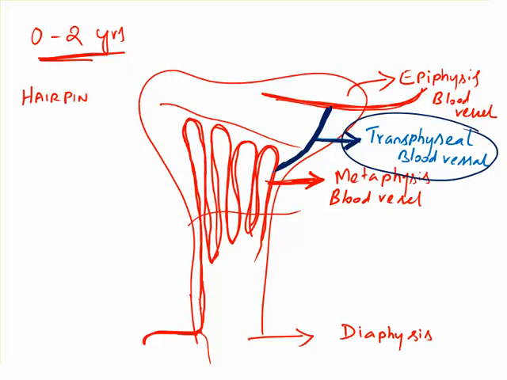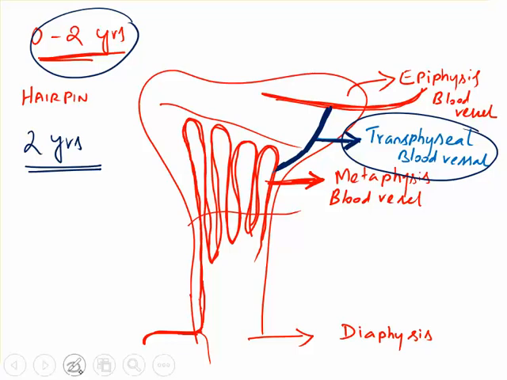Okay, if the 2 years of age is crossed, see what is this? This is growth plate. Understand? Growth plate is made up of cartilage.